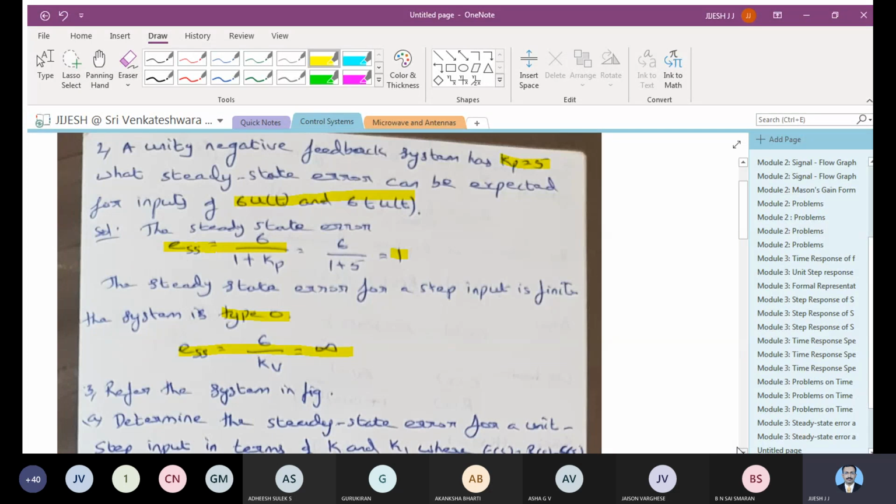So complete this. A unity negative feedback system has Kp equal to 5. What steady state error can be expected for the inputs? So inputs are given separately. That's the reason you are finding out steady state error for ramp as well as for the step.